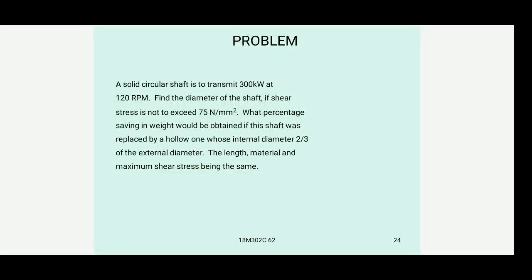What percentage saving in weight would be obtained if the shaft was replaced by a hollow one whose internal diameter is 2 by 3 of the external diameter, the length, material and maximum shear stress being the same?